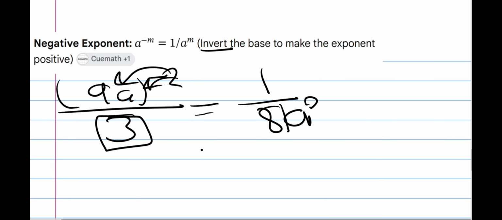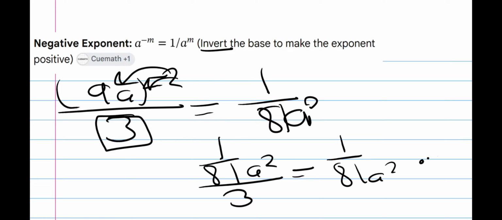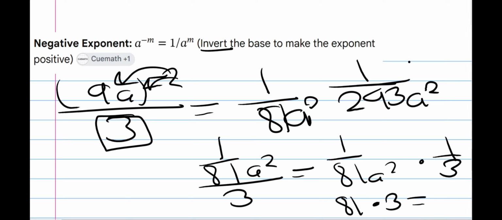That will give us 1 over 81 a squared over 3, but I'll just rewrite it as 1 over 81 a squared times 1 over 3. Basically we need to multiply 81 by 3, that would give us 243. So your final answer would be 1 over 243 a squared.